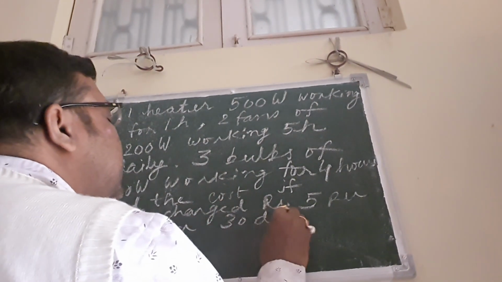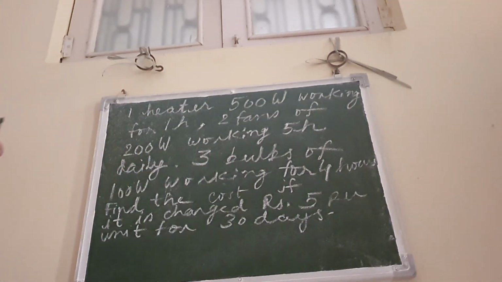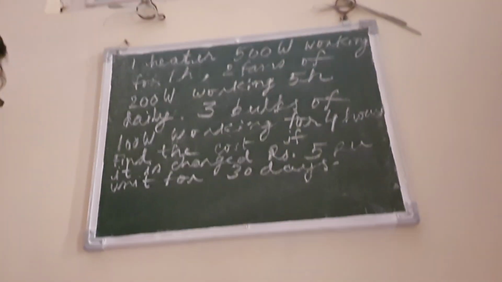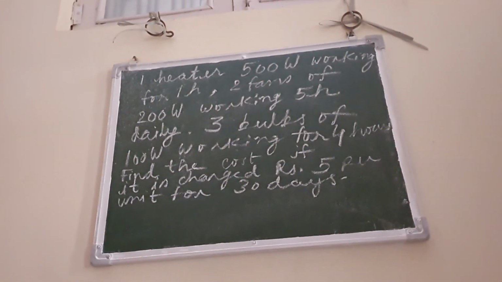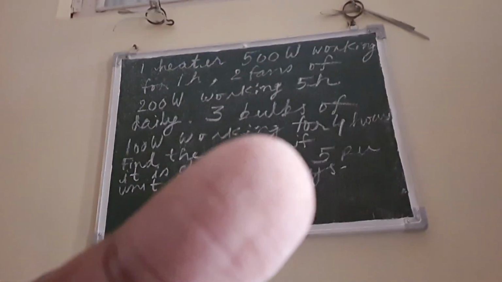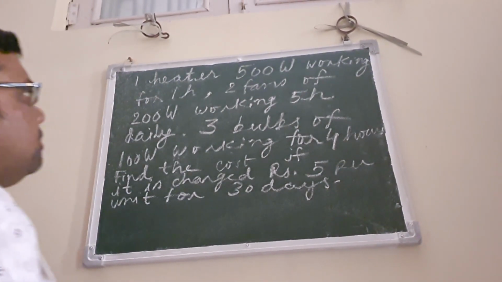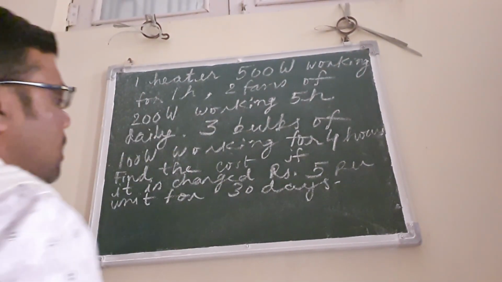So we have to find the consumption for 30 days. So how are we going to approach this question? We are going to erase the question.